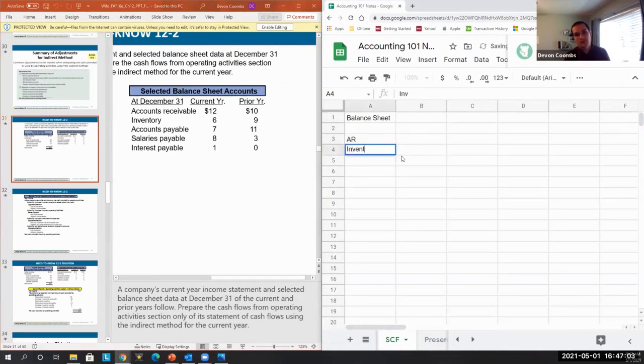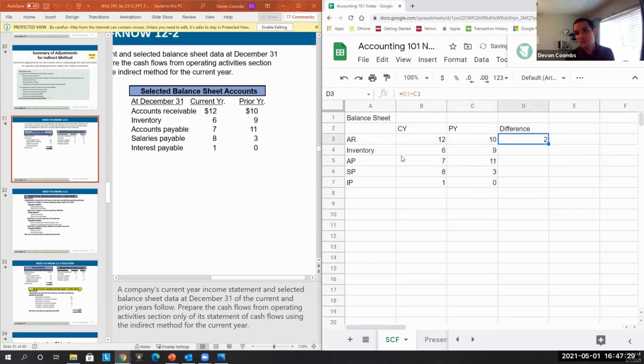AR, inventory, AP, SP, salaries payable, interest payable. Then we have our current year, our prior year. 12, 6, 7, 8, 1, 10, 9, 11, 3, 0. And then we just take our difference.